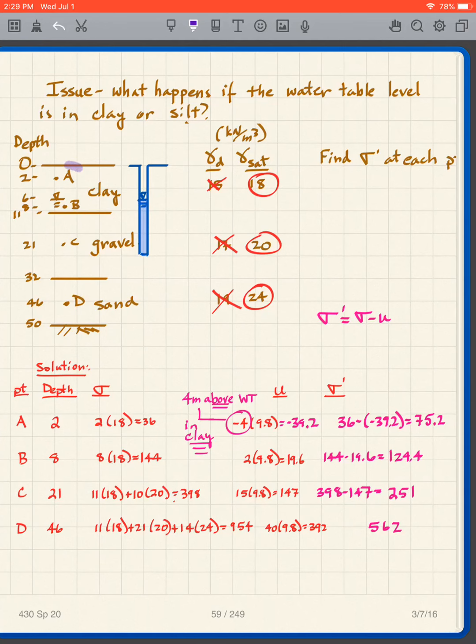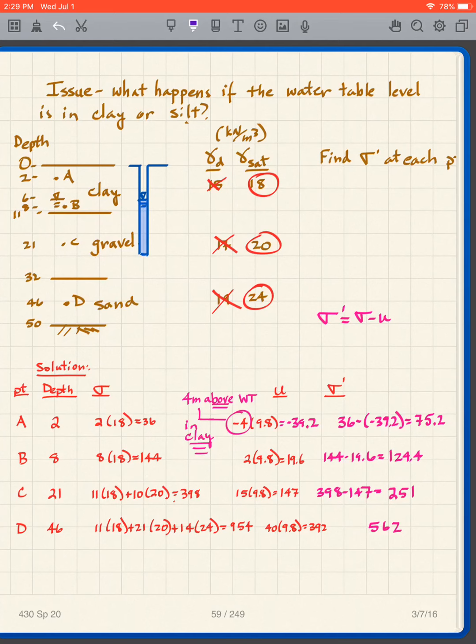I've got point A, point B, point C, point D. And my top layer is clay, and I have my water table in the clay. And I have then gravel and sand below that.